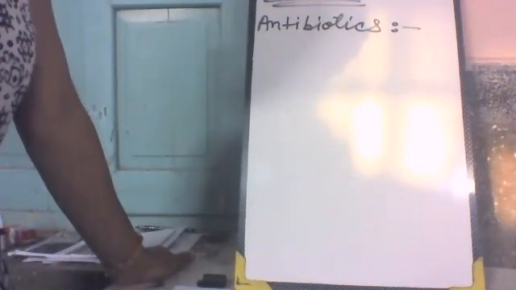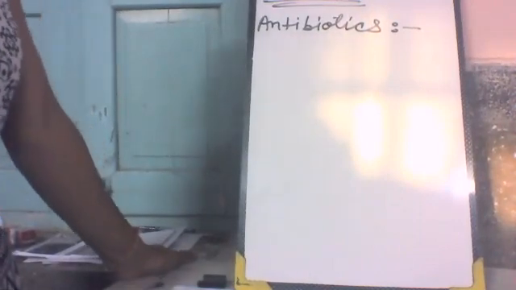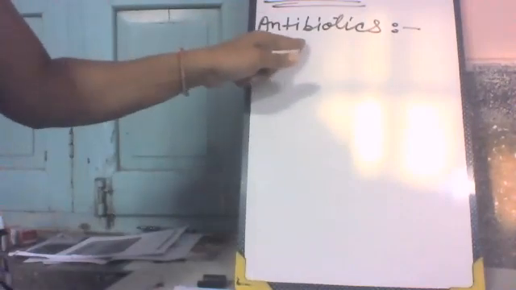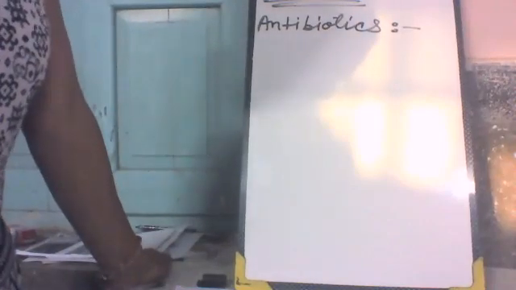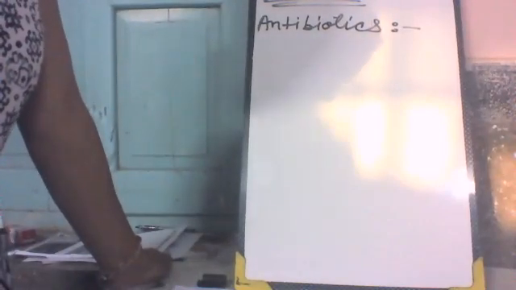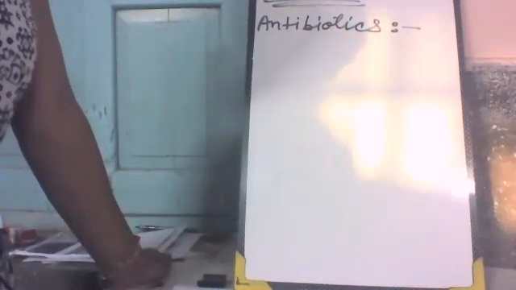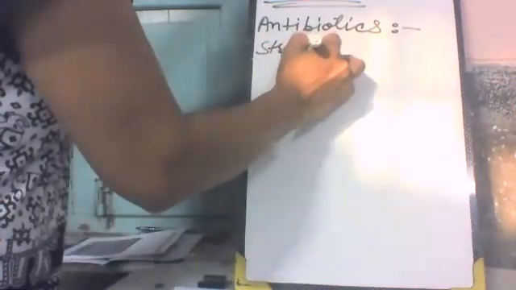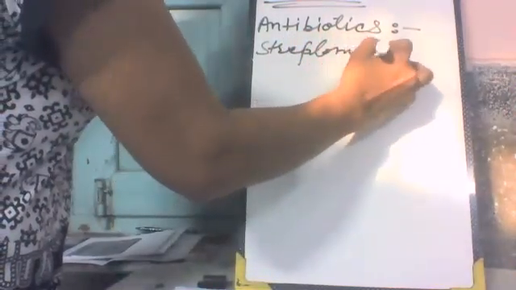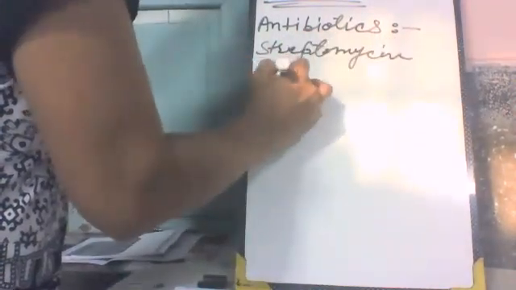Some bacteria are used for making antibiotics like streptomycin and chloromycin.